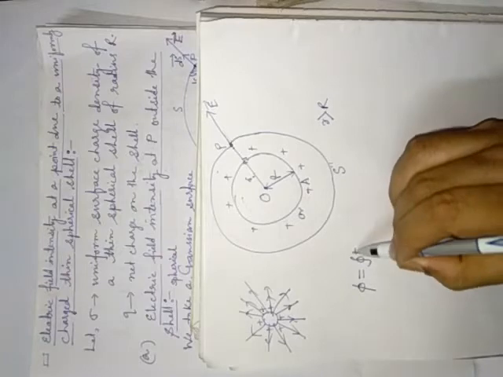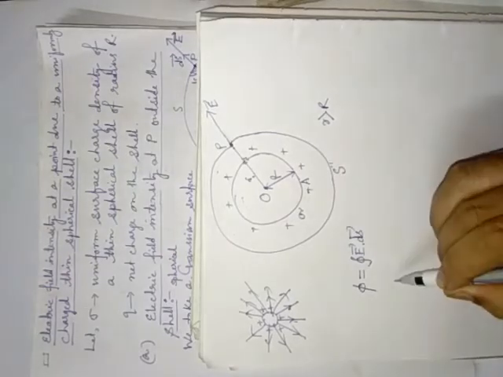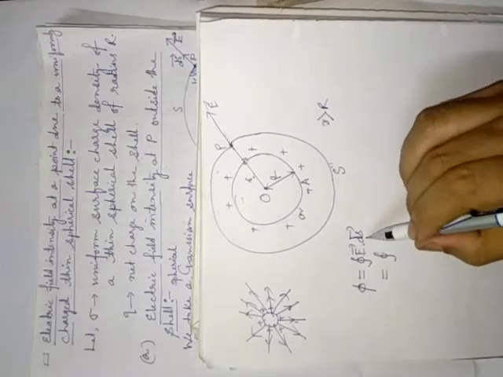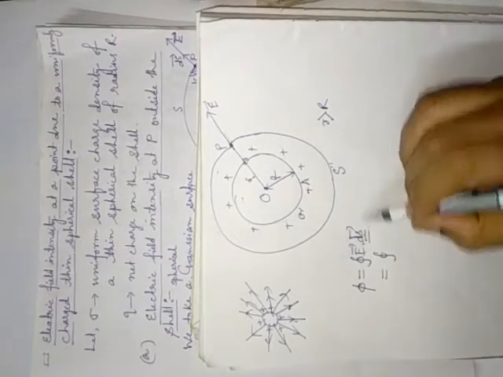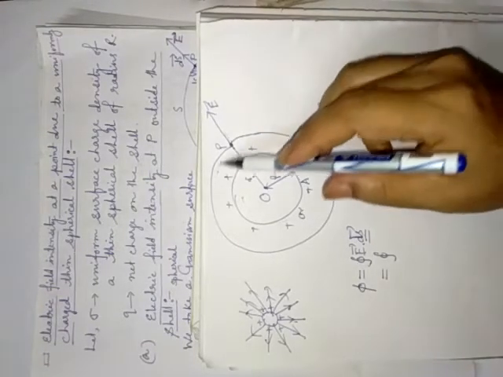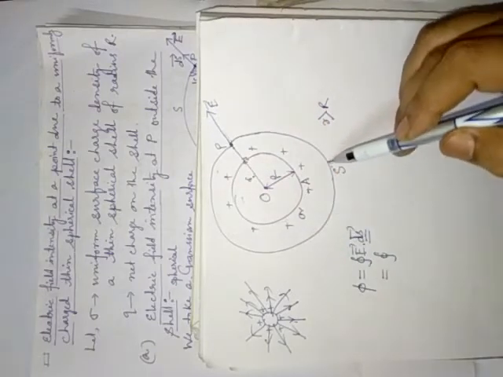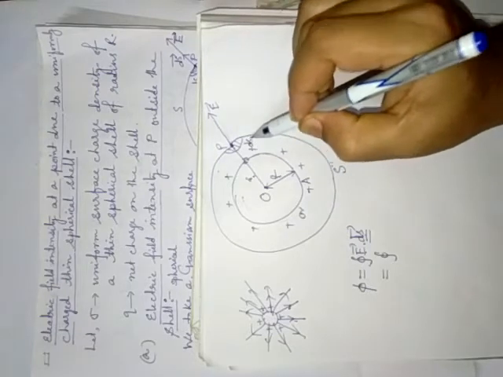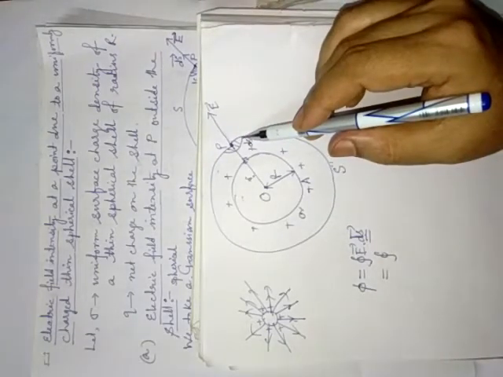Now net flux is phi equal to integration E dot ds, with the angle between E vector and ds. Now what is ds? If you divide the whole Gaussian surface into small parts, you will get a very small area ds.